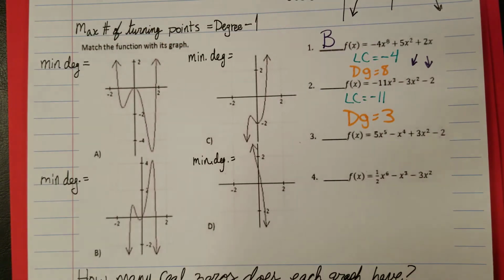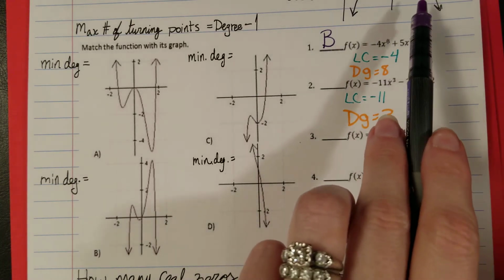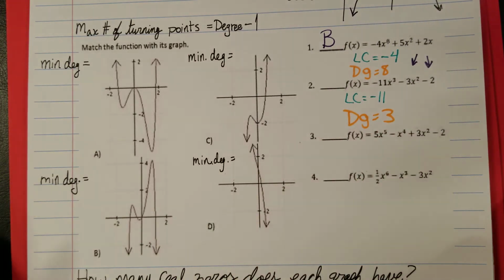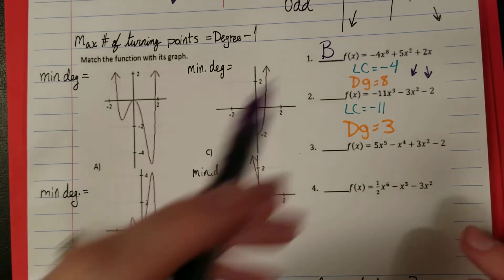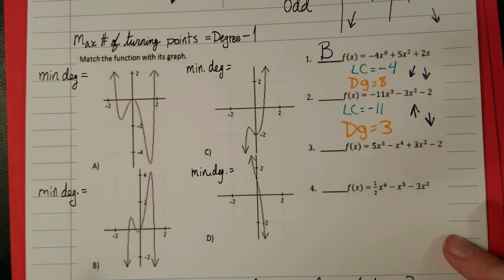So the degree is odd, which means the arrows point opposite directions, and the leading coefficient is negative, which means it's going to be the opposite of the regular x cubed function, so it's going to be up on the left and down on the right. So that would have to be graph D.